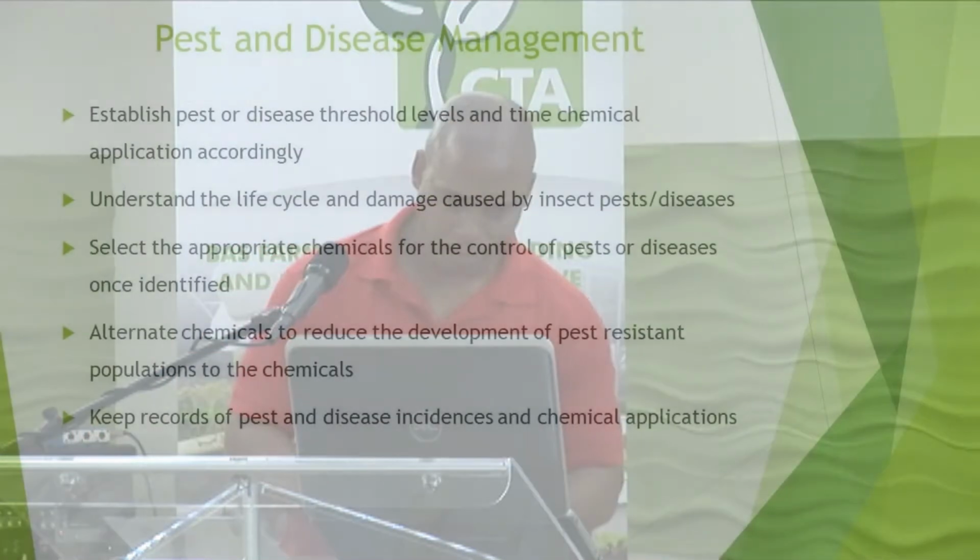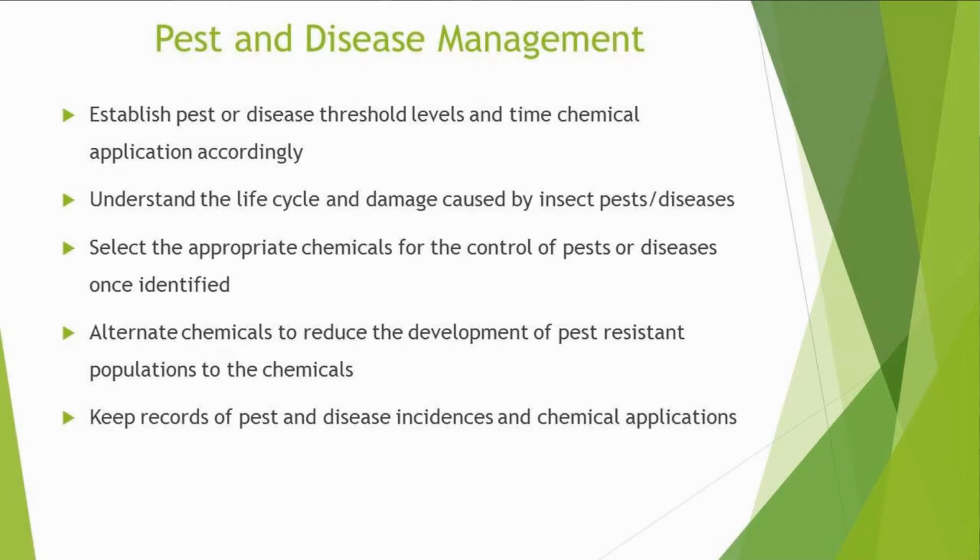Select the appropriate chemicals for control of pests and disease once identified. Very critical. You might see a problem occurring in the field, so make sure you identify that problem. You don't want to apply chemicals that don't treat the problem. You might say that's a fungal disease, but you want to ensure you identify what the problem is, because it plays a whole role in managing that crop, managing that field, and also the recurrence of that problem if you have to crop there again.